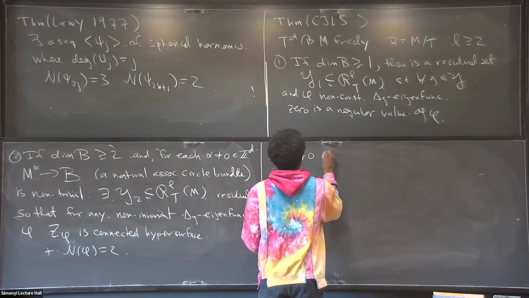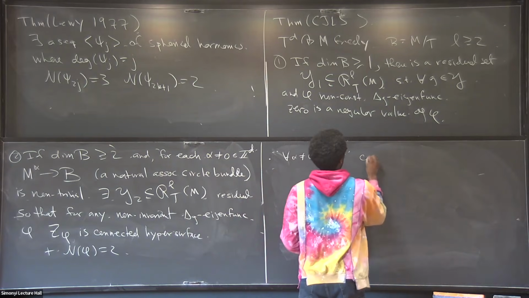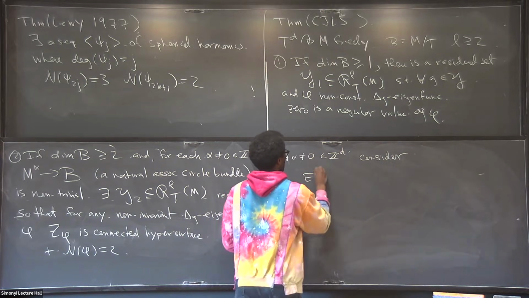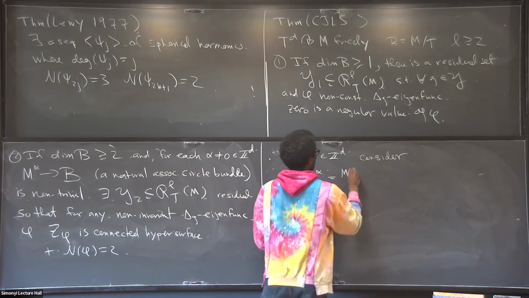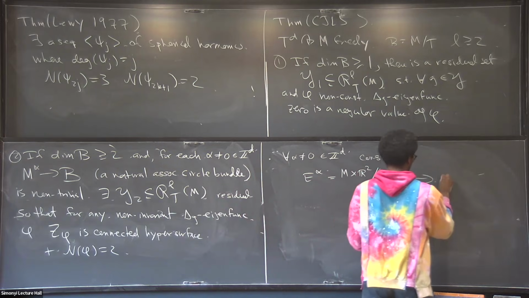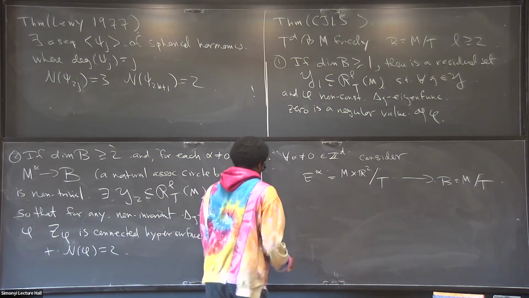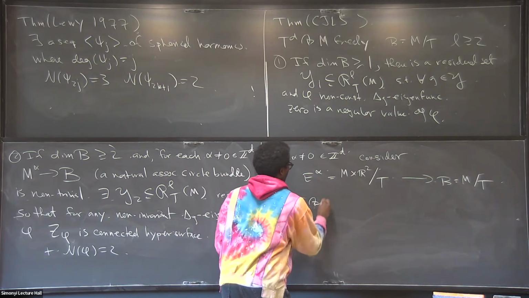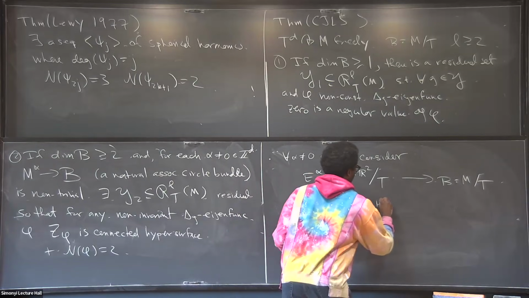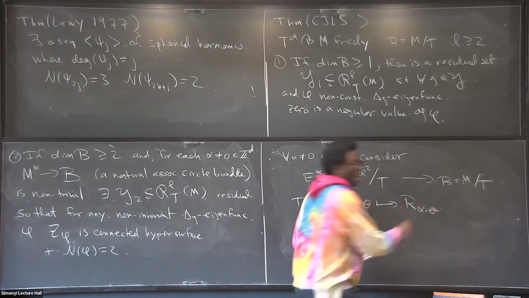So let's suppose you pick a non-zero tuple alpha, and let's consider E alpha, where T is acting on R^2 according to theta going to rotation by alpha dot theta.